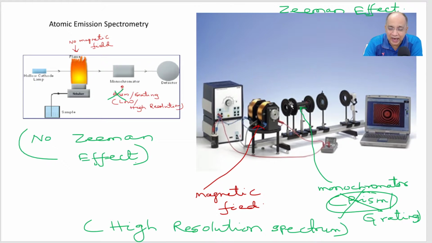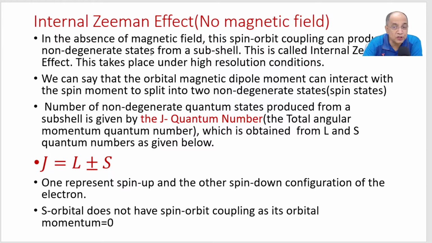The radiation that it is emitting will pass through a separator or a monochromator, and this time a high resolving power grating, and you will find there will be further splitting of lines due to the magnetic effect. Forget about these interference patterns. We're talking about lines, taking the picture in a photograph. Right? So let's proceed. Let's first proceed with no magnetic field, no Zeeman.